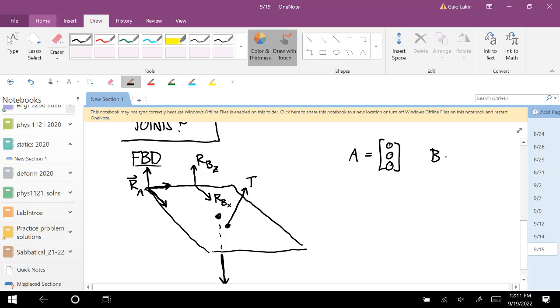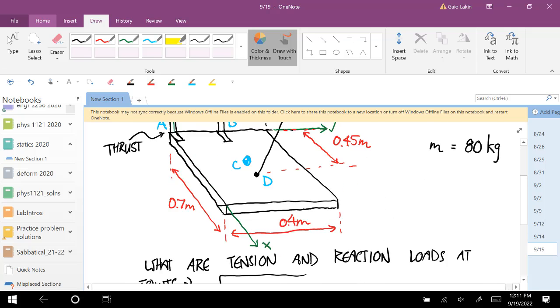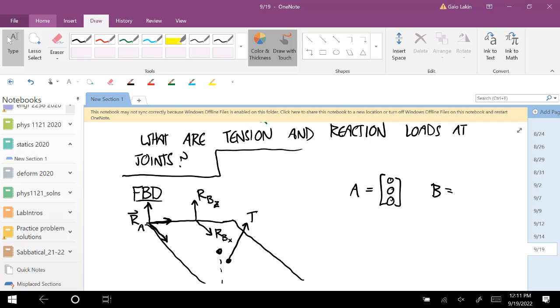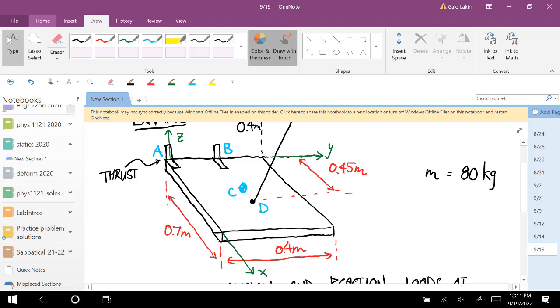The point B, what are the coordinates for that? Well, it's 0 x and 0 z, and it is half of 0.4 in the positive y direction. So that's 0, 0.2, 0. And C, that has a y component of 0.2. What's the x component of the center of mass of that plate?